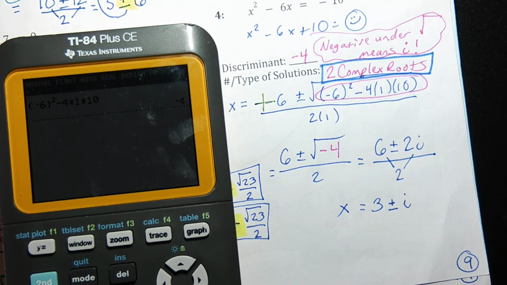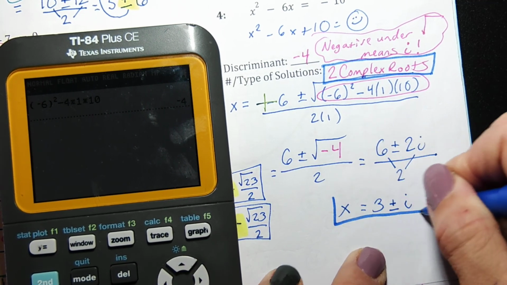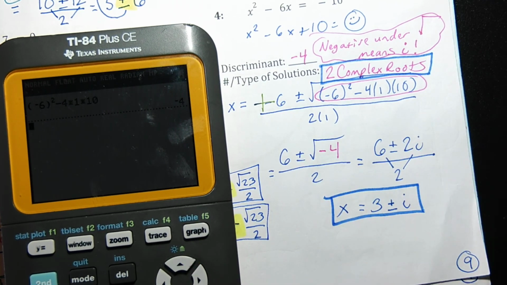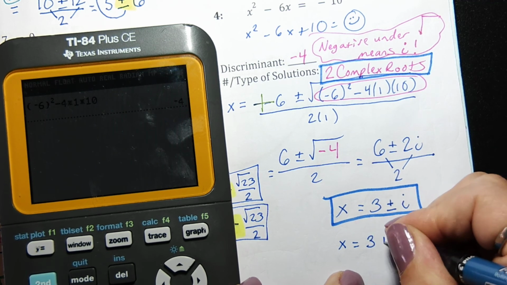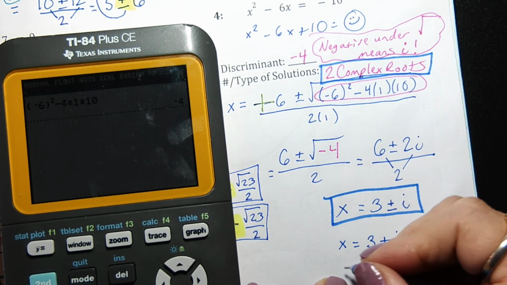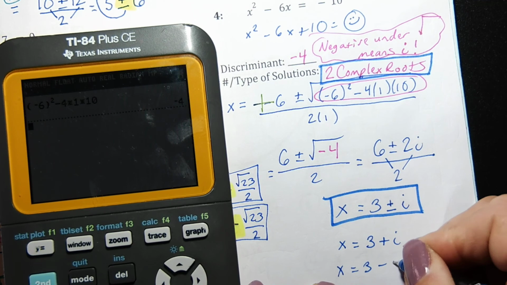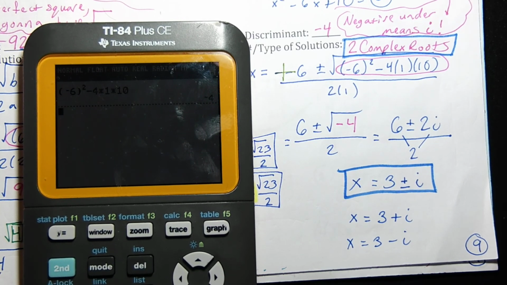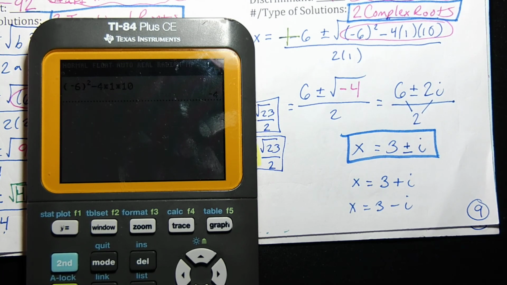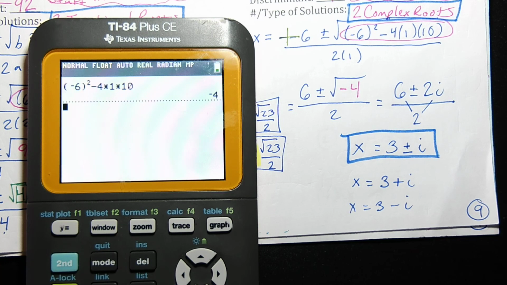So folks, we can write our roots like this, but just note that those two solutions would be 3 plus i and 3 minus i. The two roots come from the plus or minus aspect of it. It's not that 3 is one root and i is the other root.